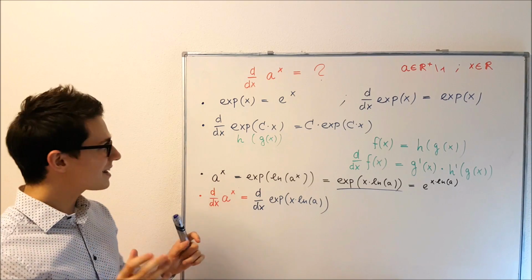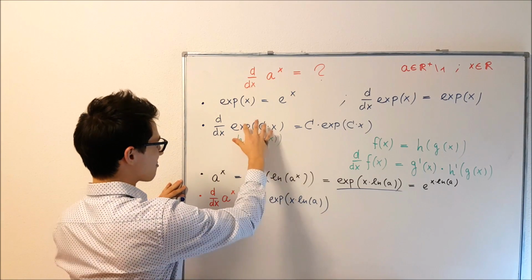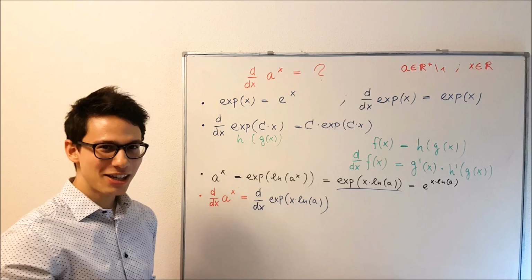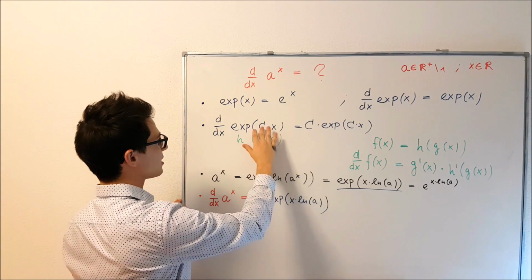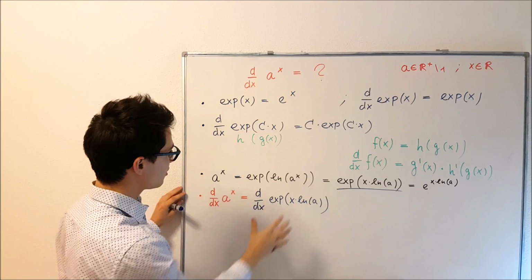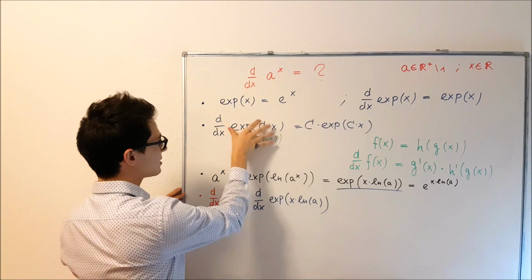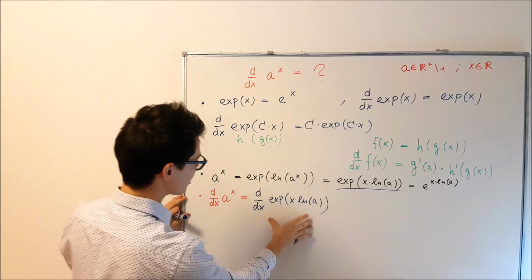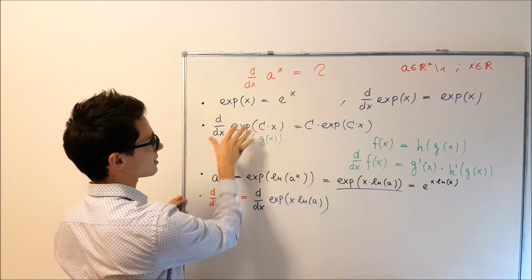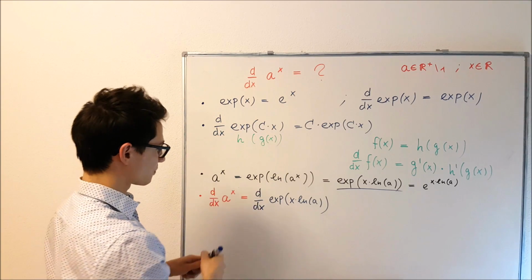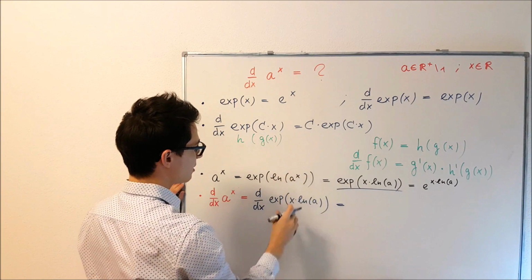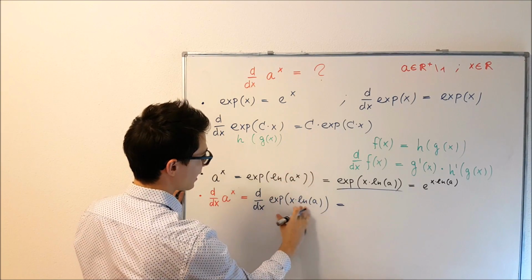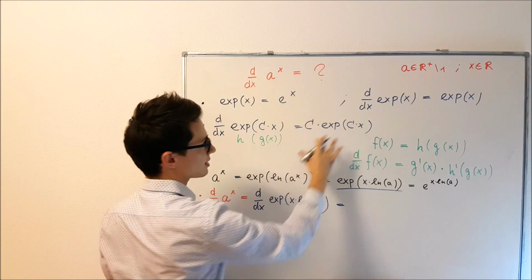And now try and shift your eyeballs from here to here. And you see that if you substitute ln of a by c, or the other way around, this is exactly the same expression as this. And therefore this has also the same derivative as this. And so what we get is that you simply take for c ln of a in this expression.